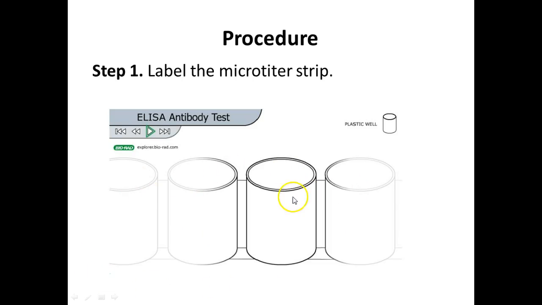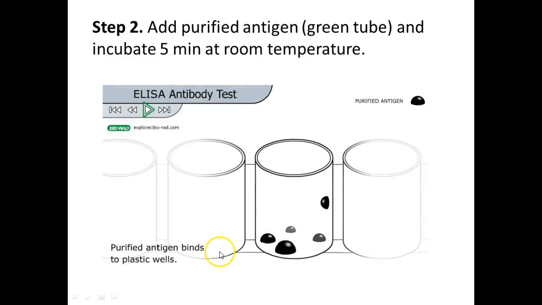So we're going to start with our wells. We're going to label them, and I have an example in each one of your bins on how to label it. We're going to write right on the tube. Then we're going to add our purified antigen. This is going to be your green tube in the rack that I'm going to give you. And then we're going to incubate at room temperature for 5 minutes. So these molecules, right, are going to stick to the inside of those wells.